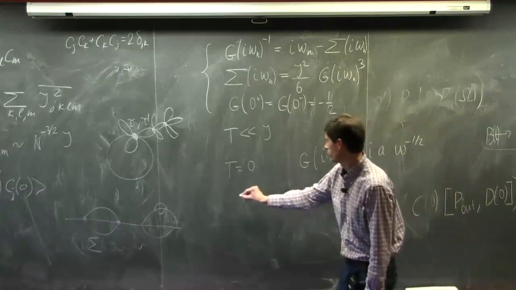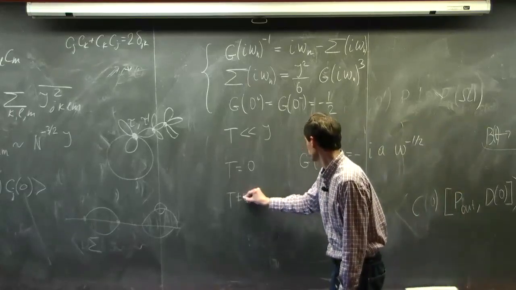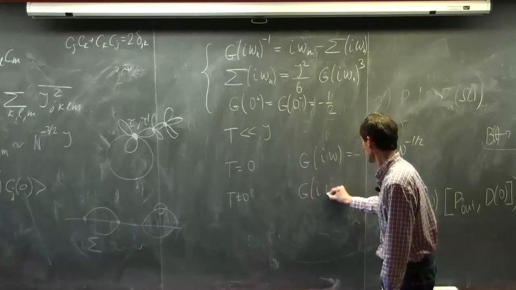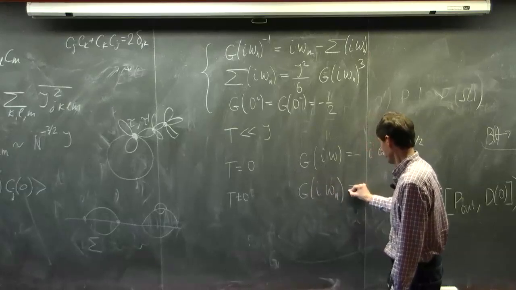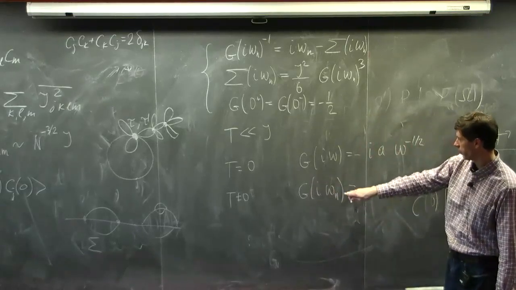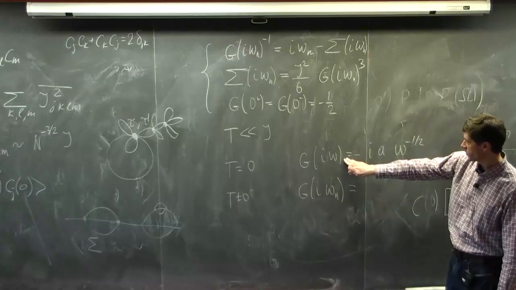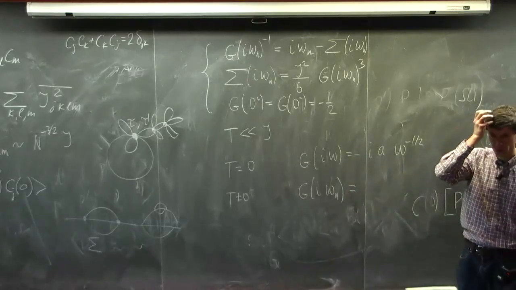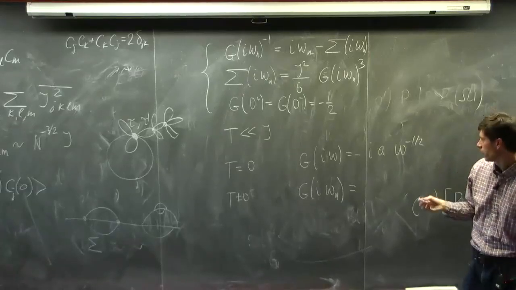If t is not 0, the first solution was obtained by Sachdev and Ye, the second solution at finite t by Parcollet and Georges.